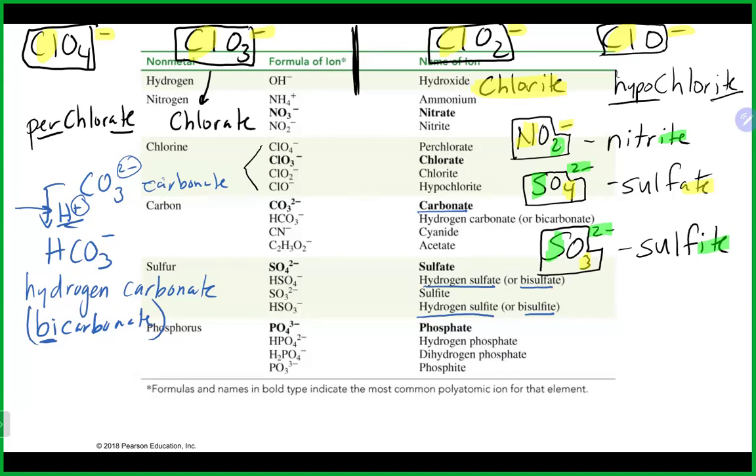Those are just older names that people still use, like when you buy sodium bicarb, baking soda. Again, like I said before, you do need to know the charges to go with these and the names so that you can put things together correctly. And again, these most likely will be hooked up with a metal in most cases.